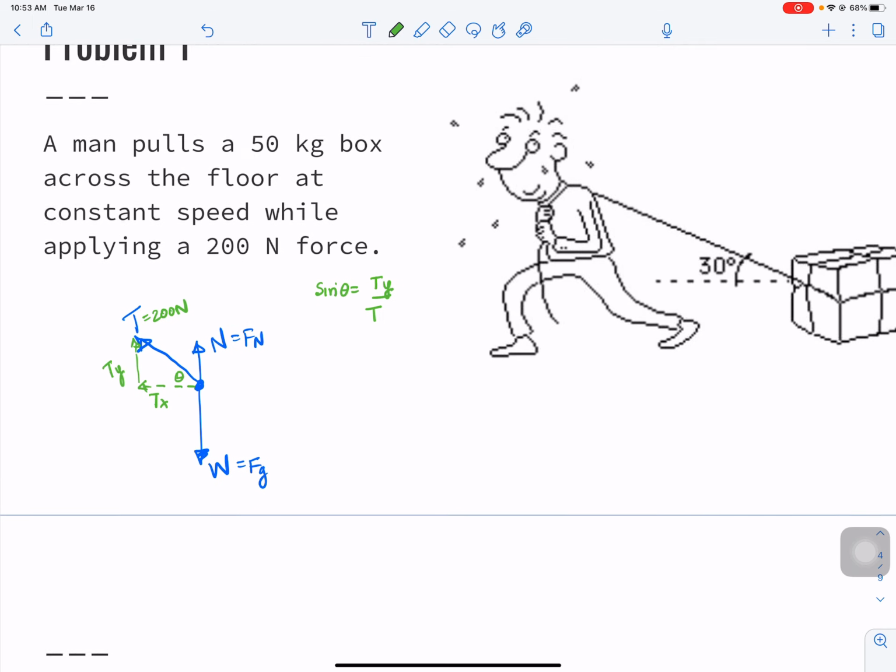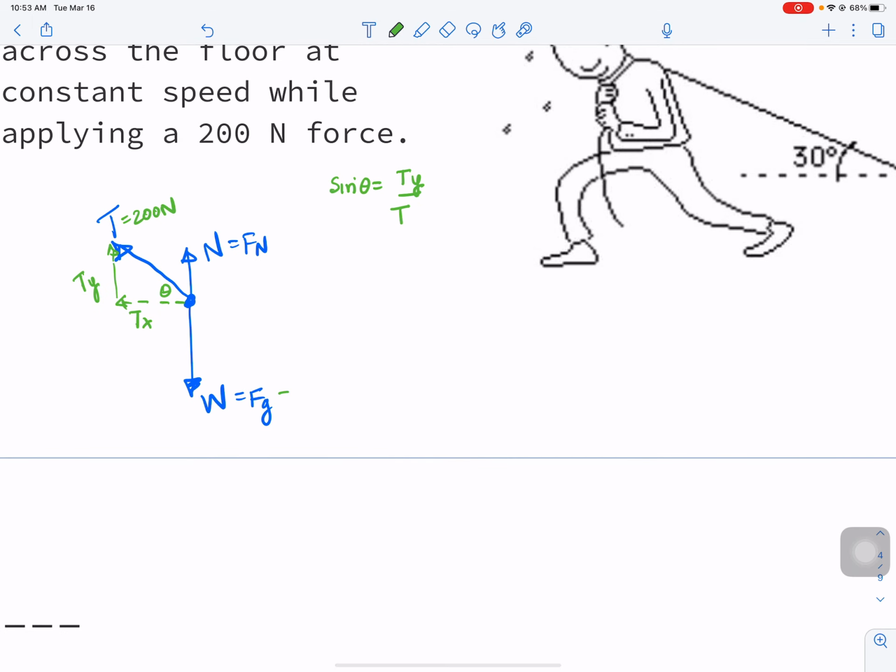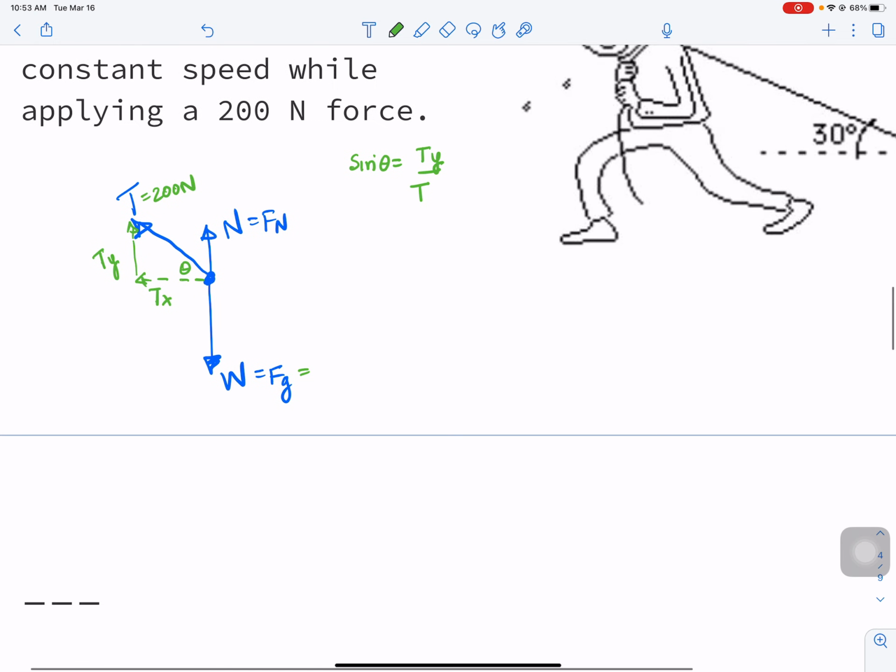I should have filled in these values. And we know that the weight is equal to 500 newtons. So we're going to solve for Ty. So we've got T sine theta is equal to Ty. And so we've got 200 times the sine of 30 degrees is equal to Ty. And I believe that that is 100 newtons. I'm going to check it just to make sure.